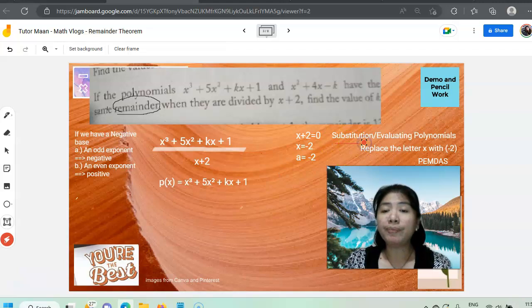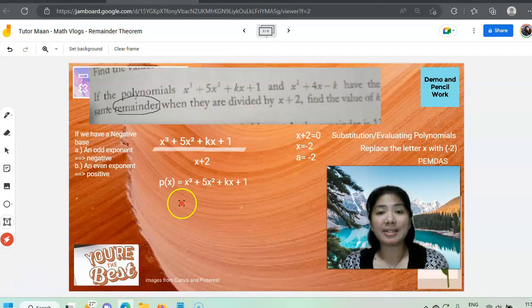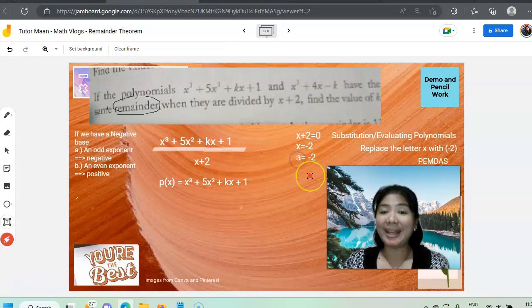All we need to do now is the substitution process, or what we call evaluating polynomials. We assign negative 2 as the value of x, or we call it a root. This is our polynomial, and this is how we denote a polynomial function: p of x and then the polynomial.